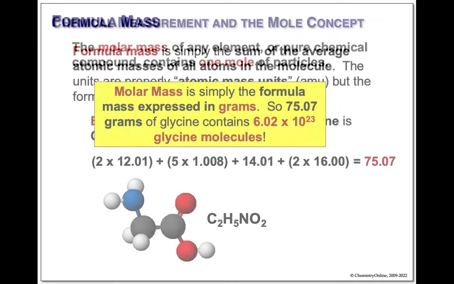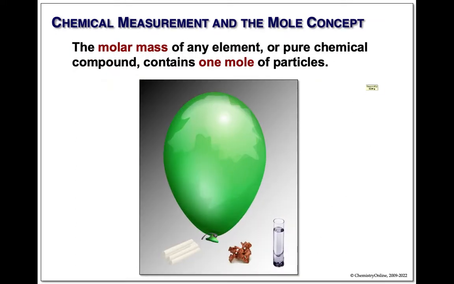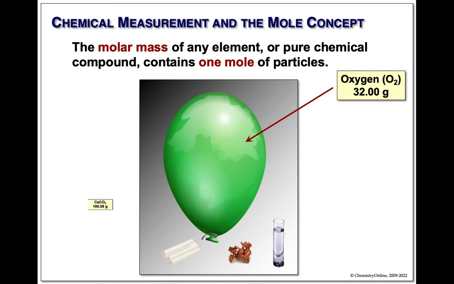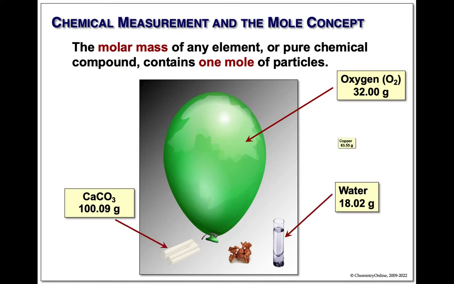Think about it. This balloon has a volume of 22.4 liters filled with oxygen. Oxygen is O2, so this is 32 grams of oxygen. This little lump of copper down here is 63 grams. 18 grams of water. Chalk is calcium carbonate. This is 100 grams of it.